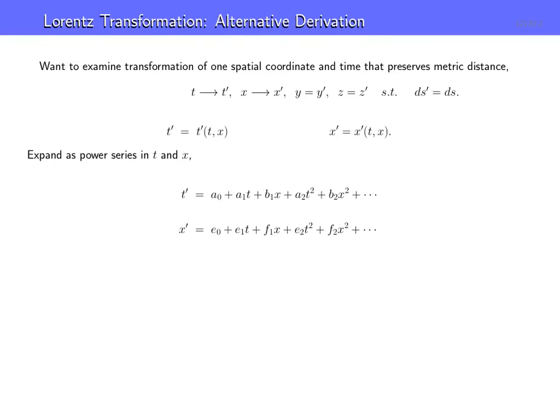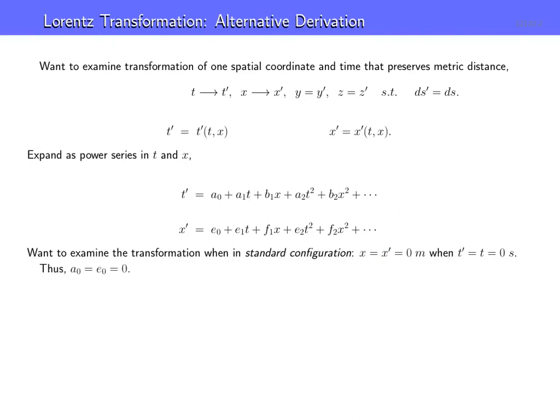Now, we'll simplify this with what's called standard configuration. We take the case where the transformation is very simple: when the times are equal to 0, we can always set that as we want, t prime is equal to t is equal to 0, so the origins match up. That gives us immediately that the first two terms are then 0.